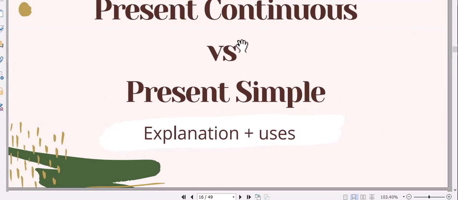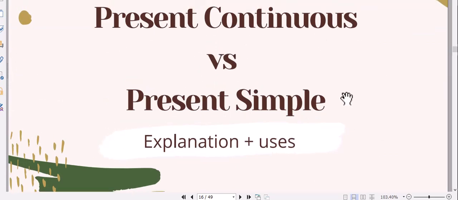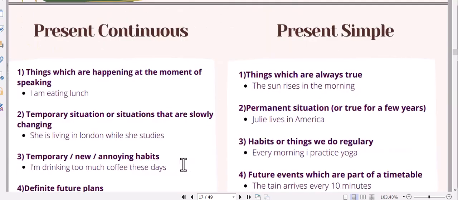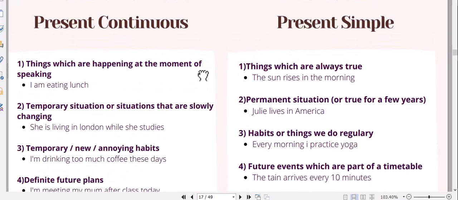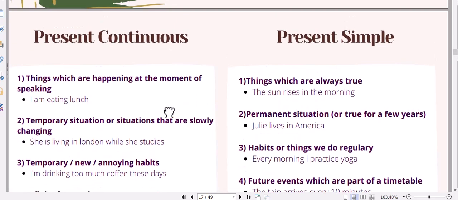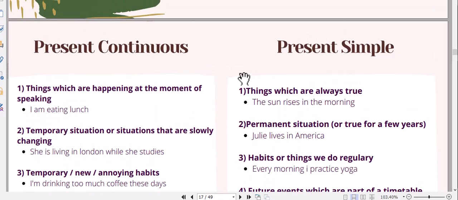So here we have this slide I was searching for. It's present continuous versus present simple. This is a very nice thing to finish this video. Here we have both of these tenses and how to combine and differentiate between them.